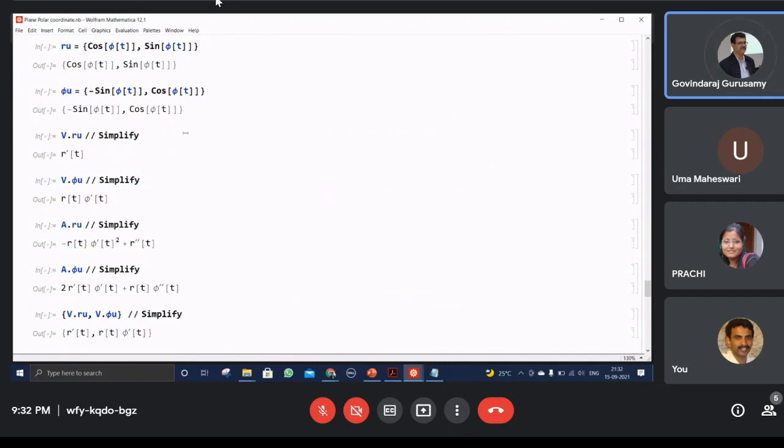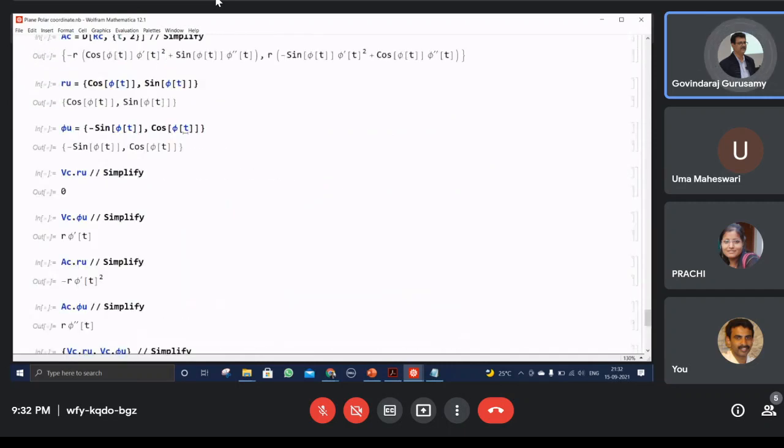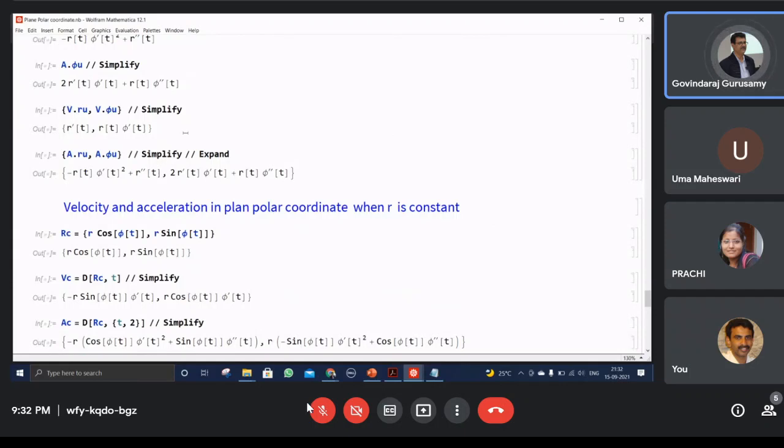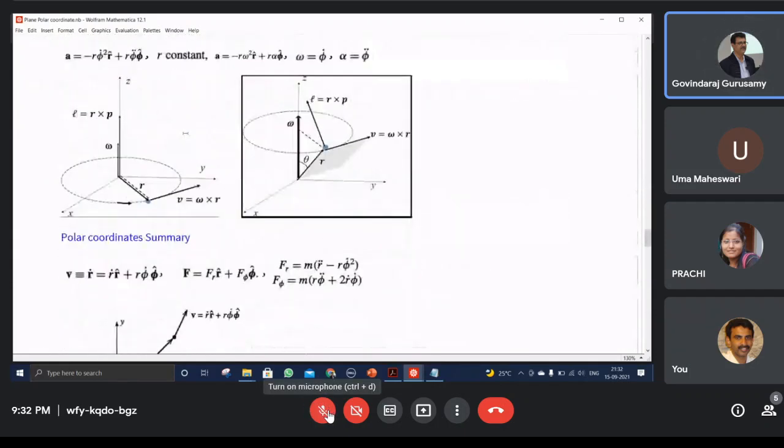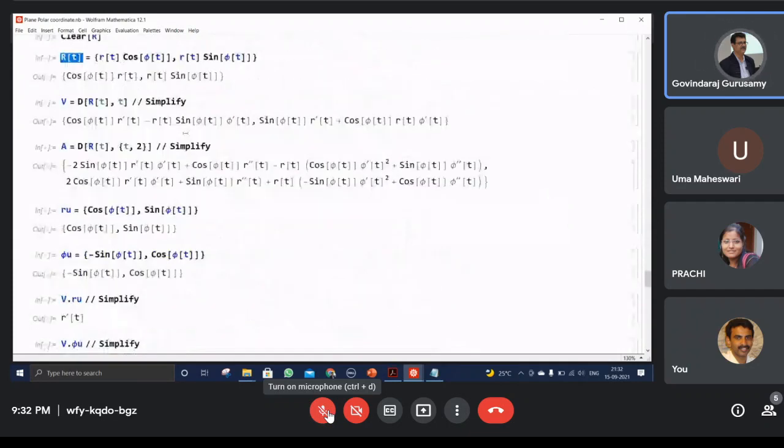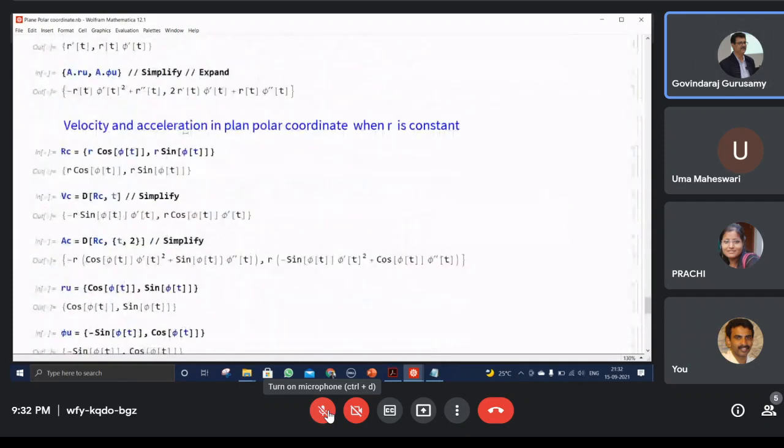You can go through them, spend your time, digest all these things that I have explained to you. Once you have this picture clear, it is very easy for you to understand polar coordinates and also spherical coordinates. For this, we want to have textbooks which we have to follow.